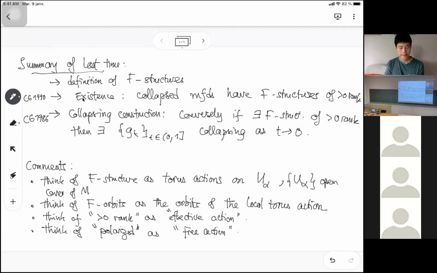Right, so in these lectures, you can just think of F structures as this kind of thing.